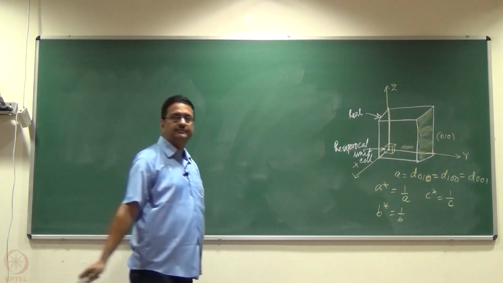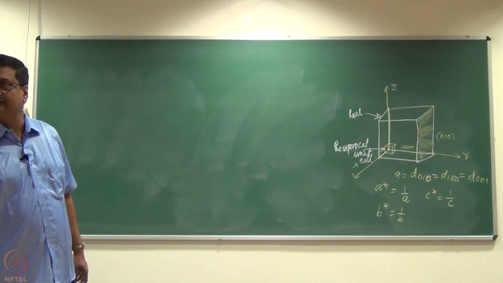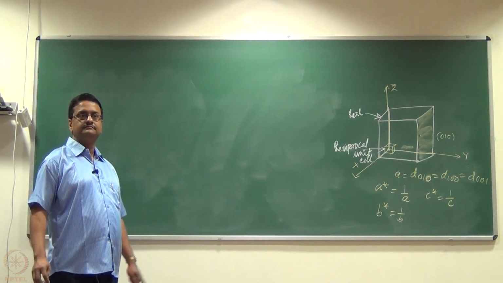This relationship of A star, B star, C star is valid for cubic, orthorhombic and tetragonal when the angles are 90 degrees.